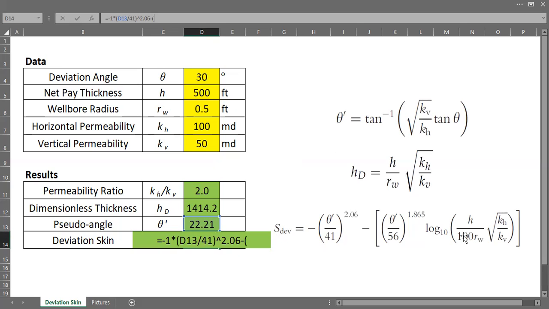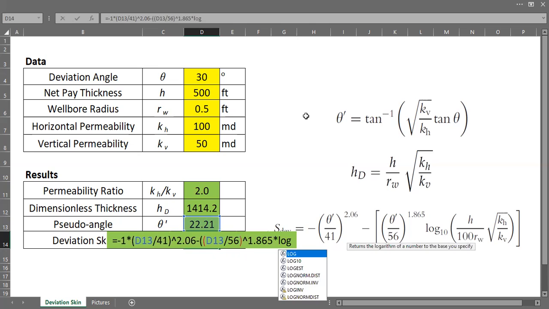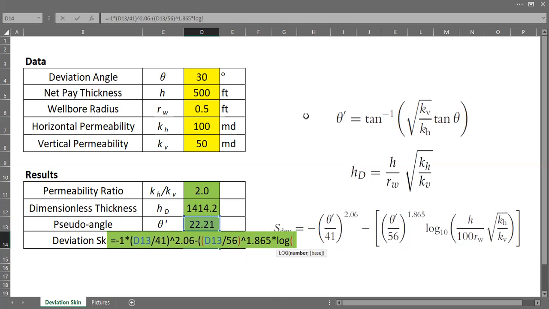Open again, so the angle divided by 56 close to the power of 1.865 multiplied by the logarithm of this term. And this term is actually dimensionless thickness, the dimensionless thickness divided by 100. So please be careful.